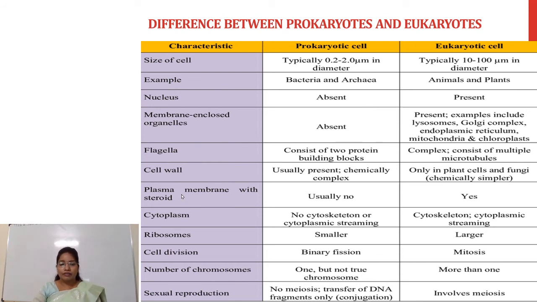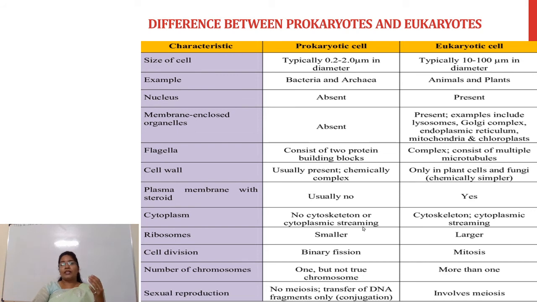The next difference is of plasma membrane. In eukaryotic cell, the plasma membrane is present with steroids, but such steroids are absent in the plasma membrane of prokaryotic cell. Next is the cytoplasm. In bacterial cell, there is no cytoskeleton or cytoplasmic streaming.